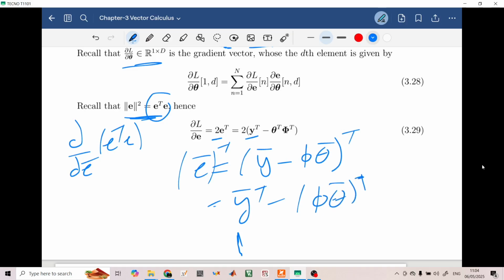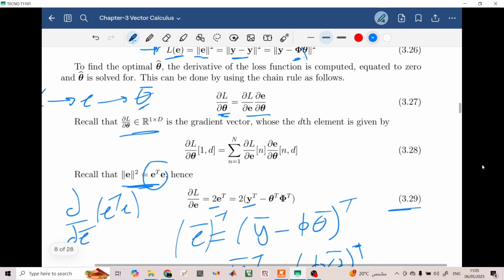When you take the transpose of a matrix multiplication, you flip them, right? So this equals y transpose minus theta transpose multiplied by phi transpose, which is equation 3.29, right? So this is the first part of the chain rule.